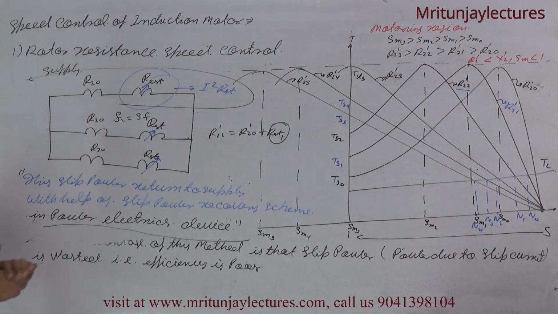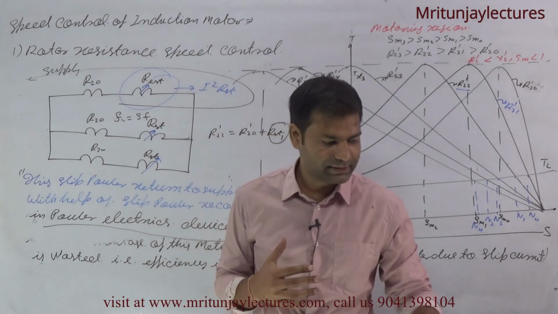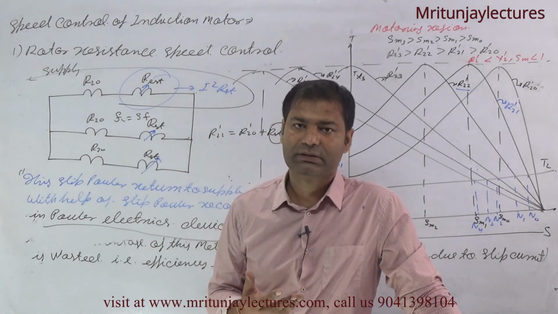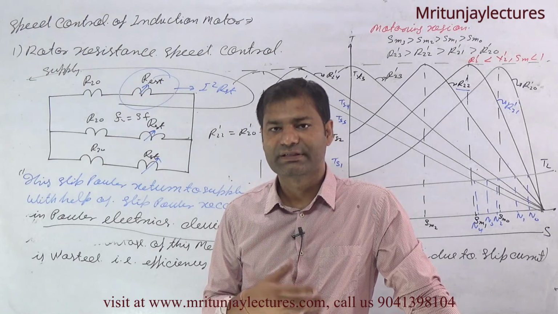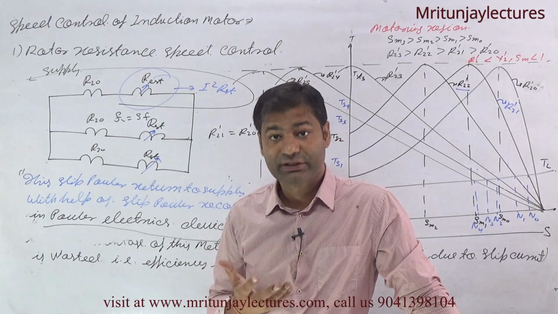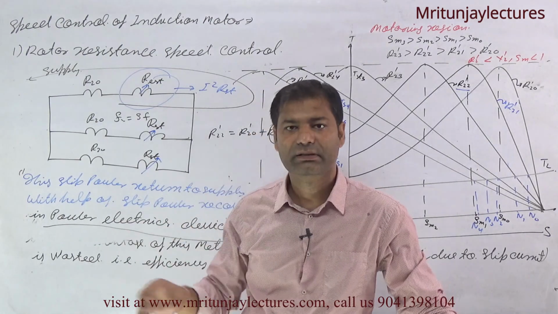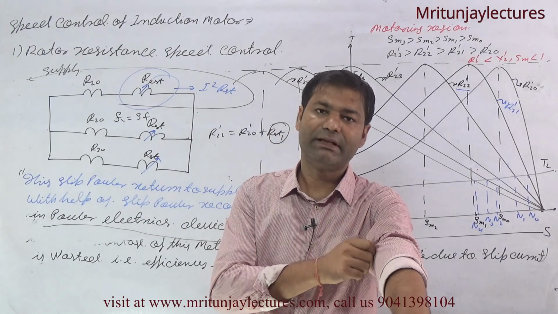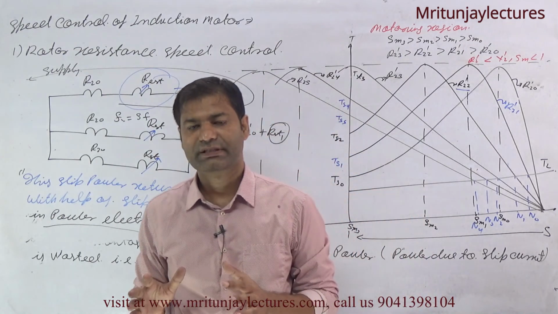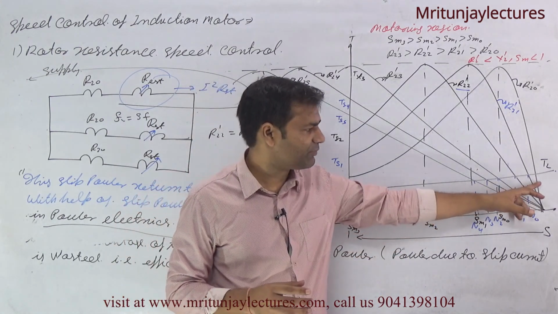So you can say that if external resistance is added in the rotor resistance per phase, then it is very helpful for starting: starting torque is high and starting current is low in motoring region. Clear? And after that, if the rotor resistance is not removed, then speed control is also possible, a wide range of speed control.